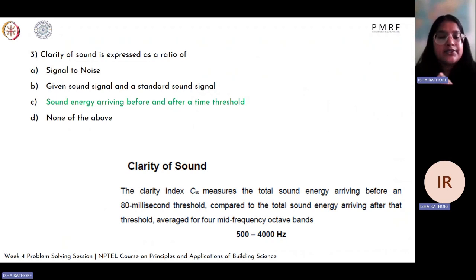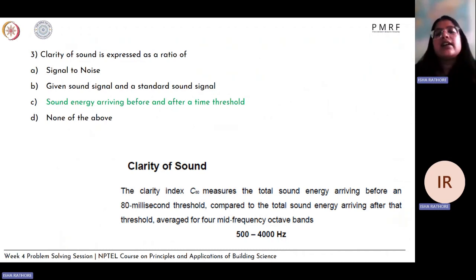You can have C50 and C80. A clarity index of C80 measures the total sound energy arriving before an 80 millisecond threshold compared to the total sound energy arriving after the threshold, averaged over 4 mid-frequency octave bands between 500 and 4000 hertz.